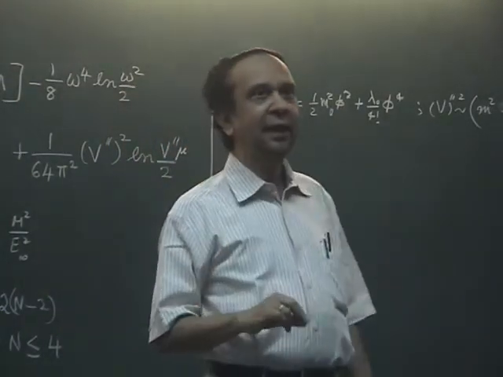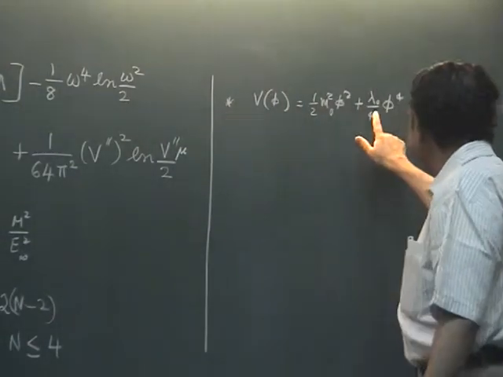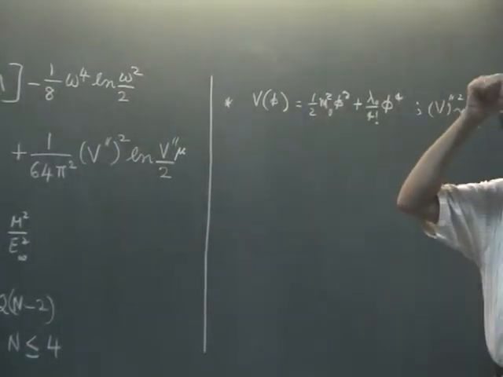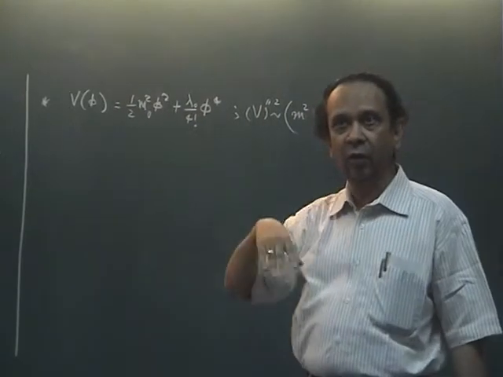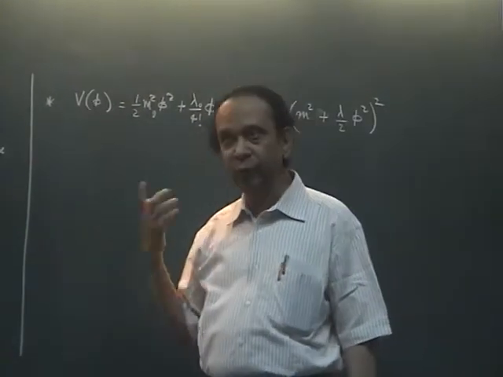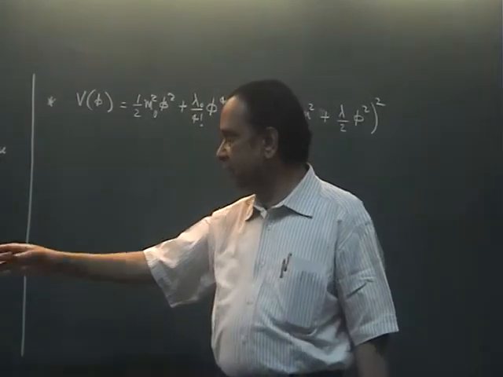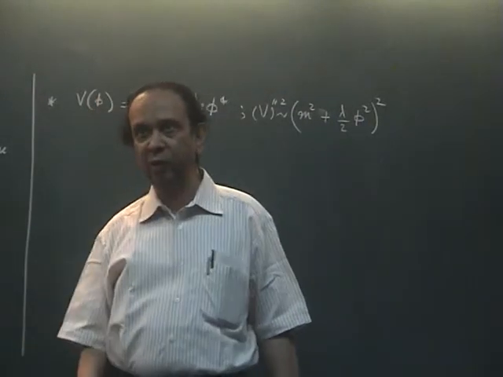What it means is that the lambda which we get from lambda naught, and m which we get from m naught, is going to now depend on mu, or on this scale M, which I am talking about.